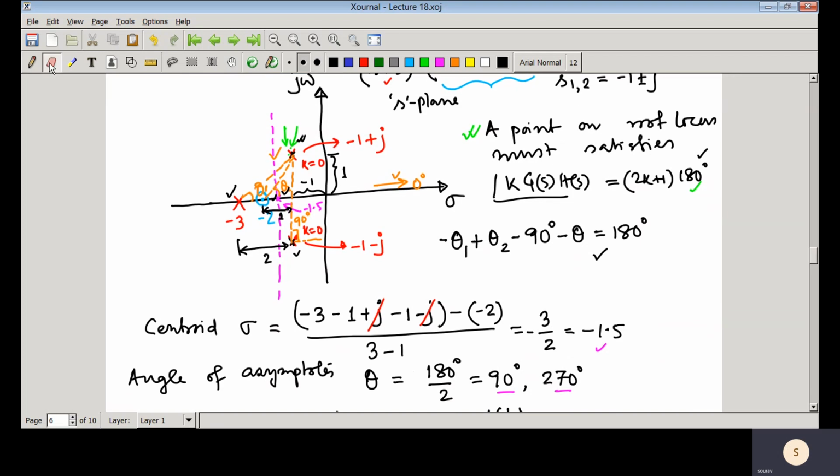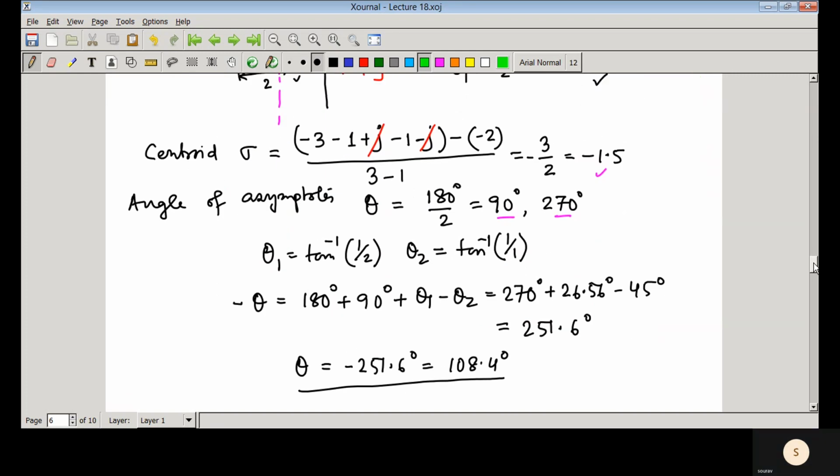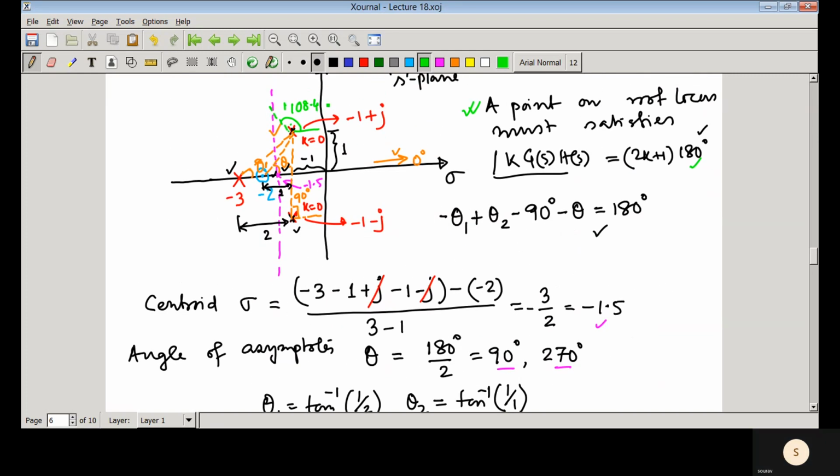So here you can see what happens. If we take this as the reference, this is the angle 108.4 degrees. Whenever k varies, the root locus will go like this.